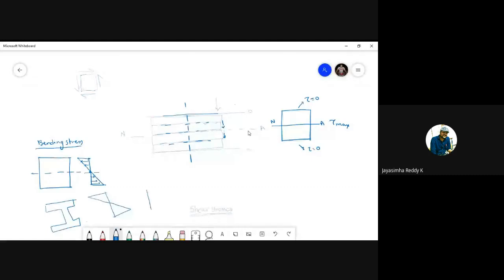Whereas for T section, how does bending stress vary, students? Bending stress will be maximum here, okay, and at the neutral axis it becomes 0. This is how bending stress distribution is. Is it okay?